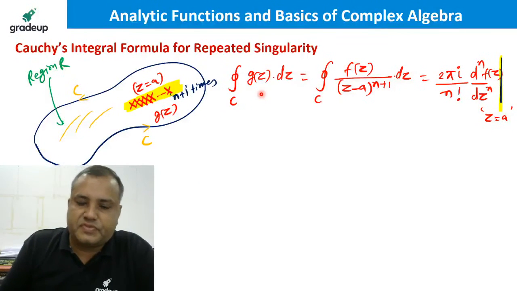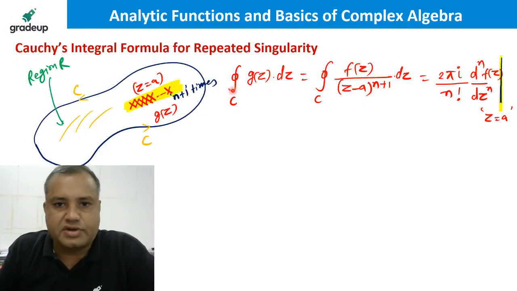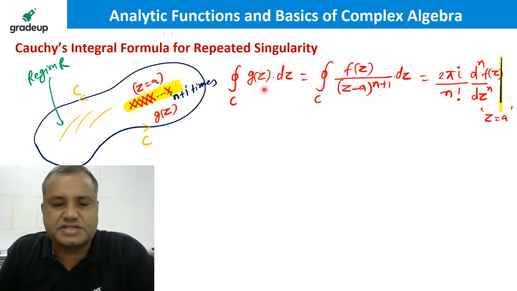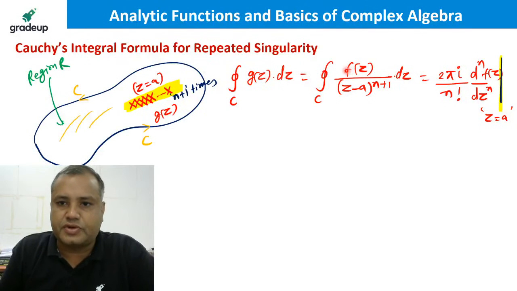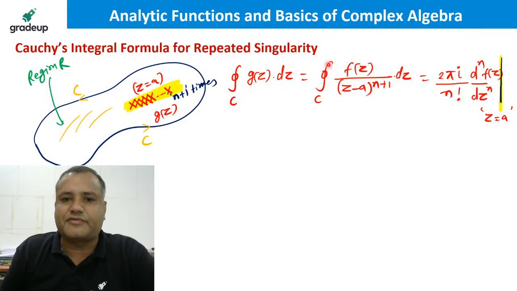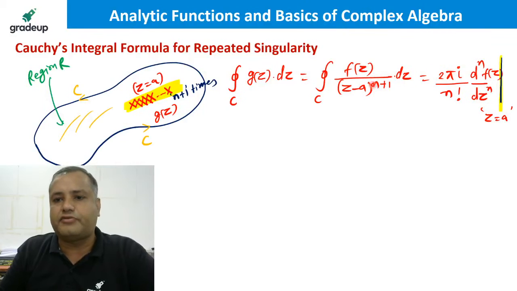Thank you beta. So for the integration of g of z dz, you have to separate the singularity from this g of z. So f of z is the remaining part which is completely analytic, and we separated this n plus 1 times repetition of the singular point, that is z minus a is repeated n plus 1 times in the denominator, z minus a to the power n plus 1. So the answer for this integration will be 2 pi I upon factorial n.